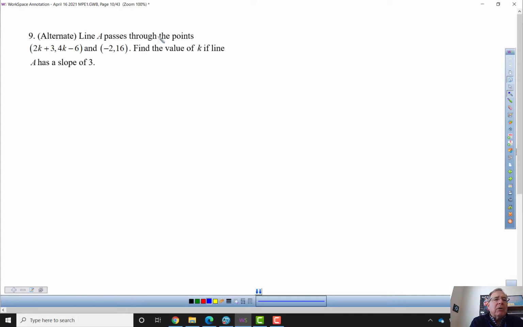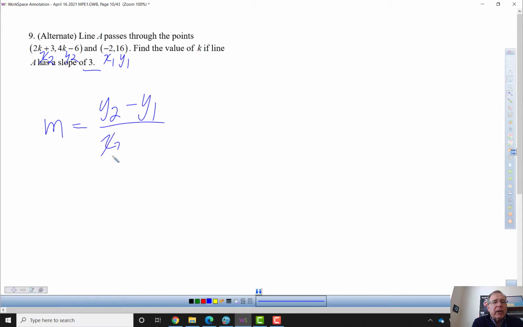So I've made an alternate problem 9 where we actually have a non-zero slope. So it actually works better if we make this x2, y2, x1, y1. So slope is y2 minus y1 over x2 minus x1.